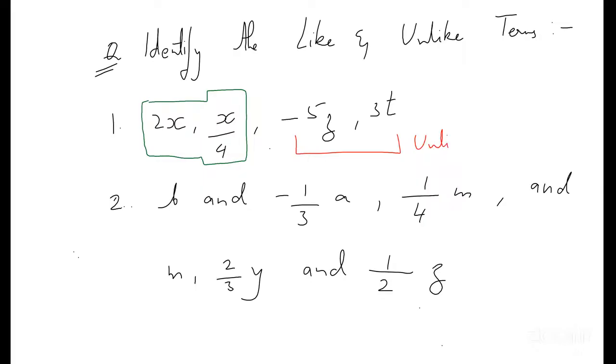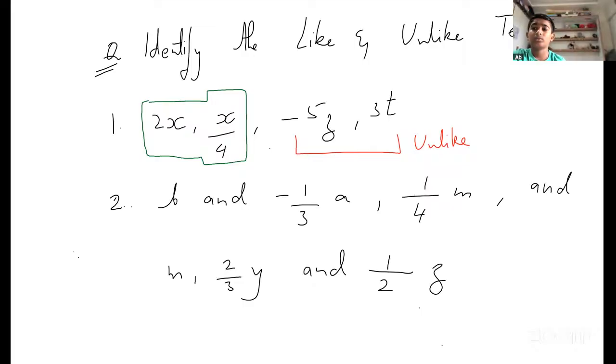Now, Nathaniel, what are the like terms in the second question? 1 above 4 and 1 above 2. Why 1 upon 2? No, wait, ma'am, I think it's minus 1 above 3.